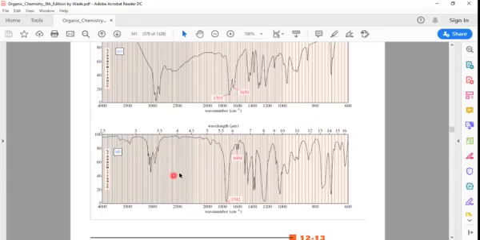So this can be an ester, because it has a very strong absorption; a ketone would have 1710, etc. Only the esters have this much higher value, and when the hydroxyl group is absent, most probably this is an ester.